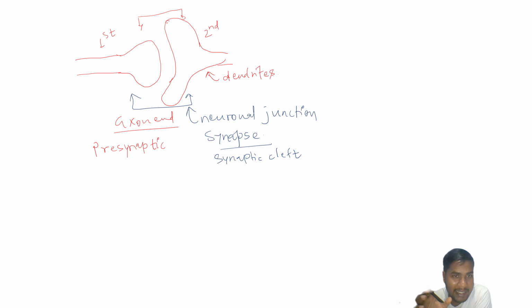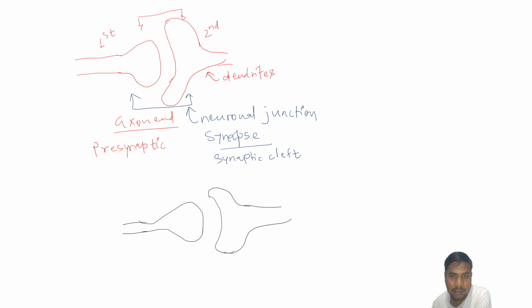So now, if the nerve impulse is reaching this axon end, what is happening there? There should be outside positive, inside negative at the resting state, but the nerve impulse is reaching here, causing inside positive and outside negative.